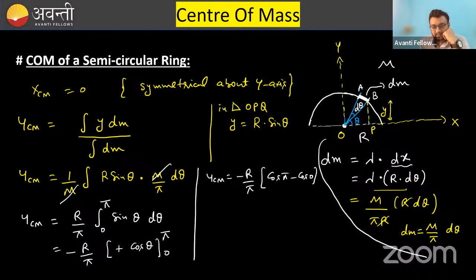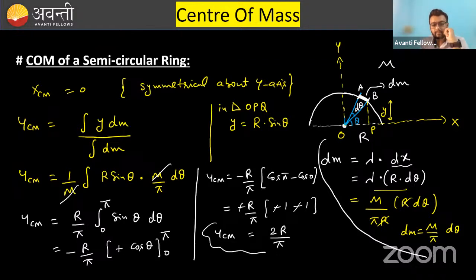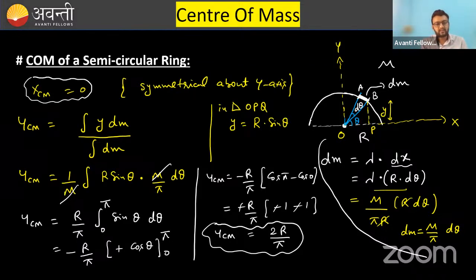Cos 0 is 1. So it will become minus r by pi, minus 1 minus 1. This minus is cancelled. So YCM is 2r upon pi. X coordinate of center of mass was 0. Y coordinate of center of mass is 2r upon pi. You need to remember this result. It's a very important result actually.